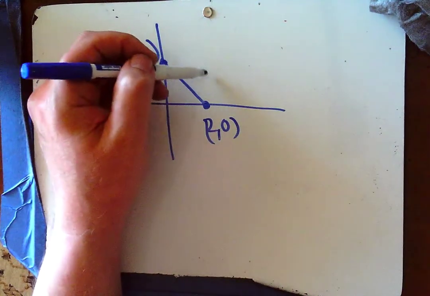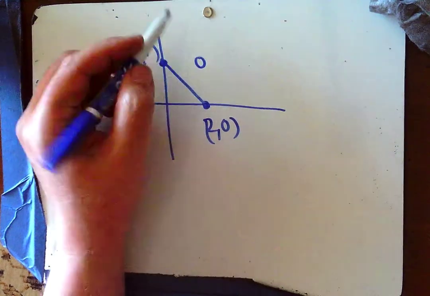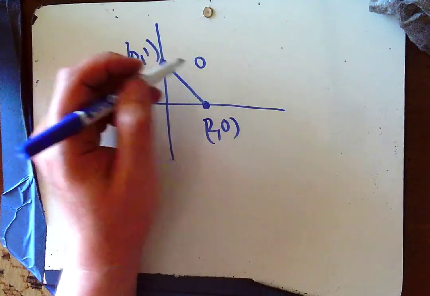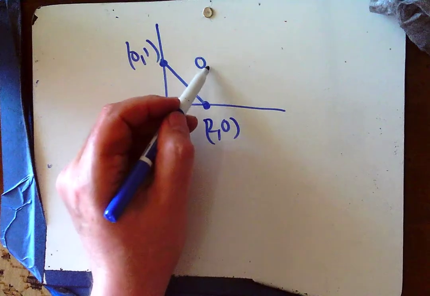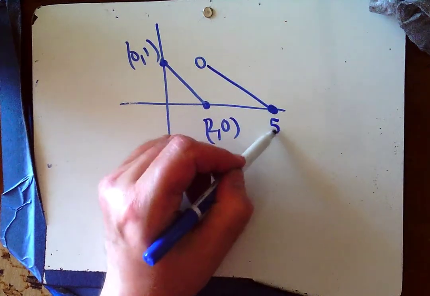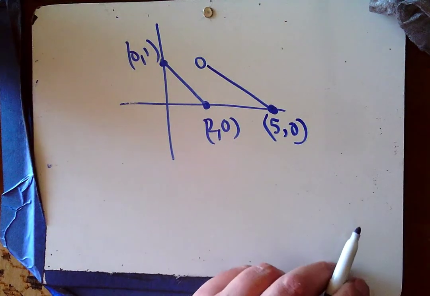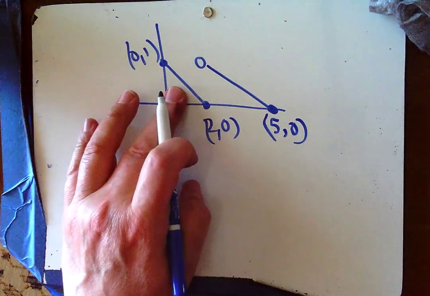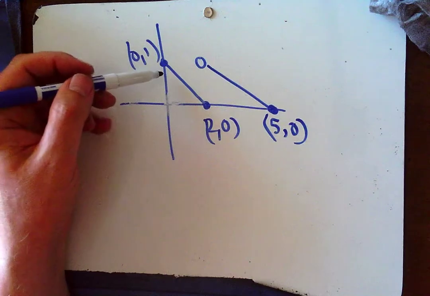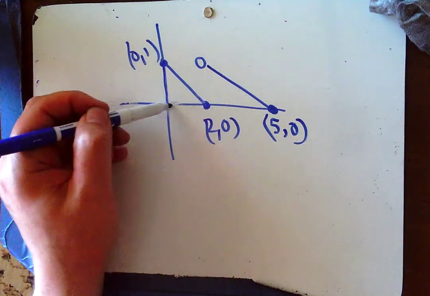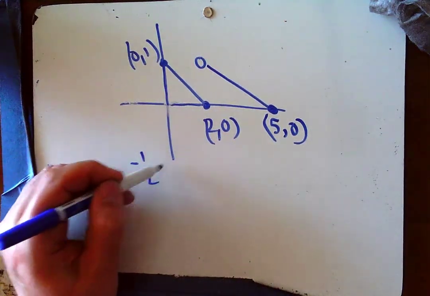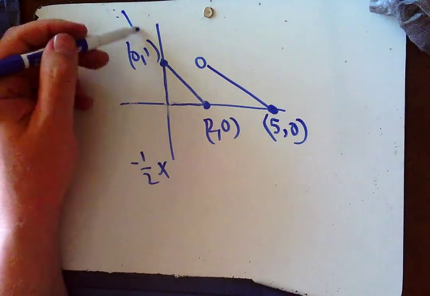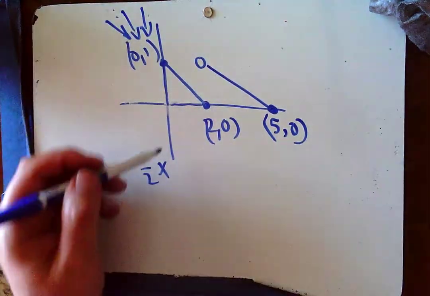And then from 2, 1 to 1, goes down to 5, 0. So how do we do this? Well, I have to write the equation for this line, and I know the slope here is down 1 and over 2, -1/2 x. And I know the y-intercept is 1.